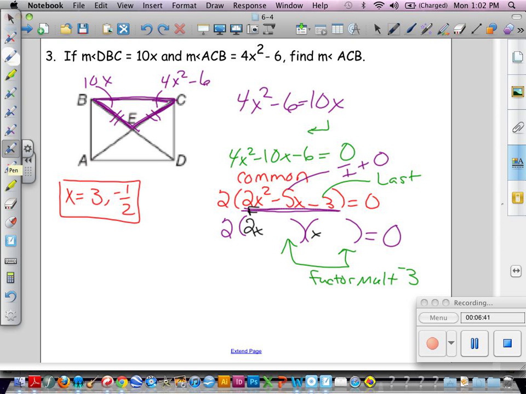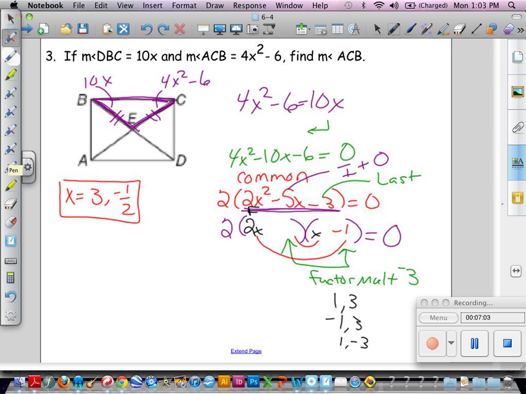All right, well, this one isn't too bad because when you've got negative 3, I only can think of 1 and 3. Could be a negative 1 and positive 3, or 1 and negative 3. So I'm going to mess around here and try and figure it out. I don't know where it goes, but this is going to be my outer and my inner.